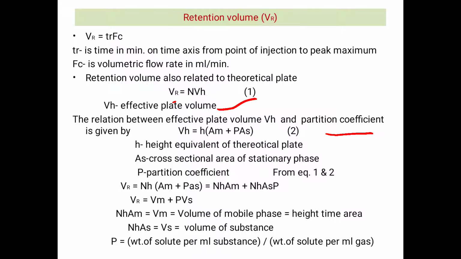So putting this value from equation 2 in equation 1, we can write VR is equal to N H. What is the value of VH? VH is equal to H in bracket AM plus P AS.